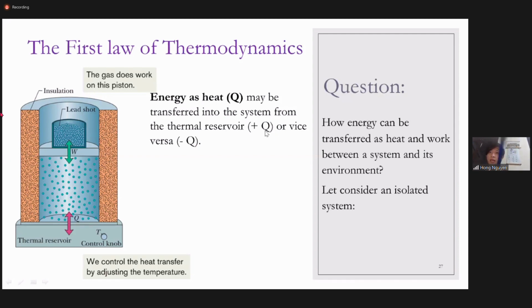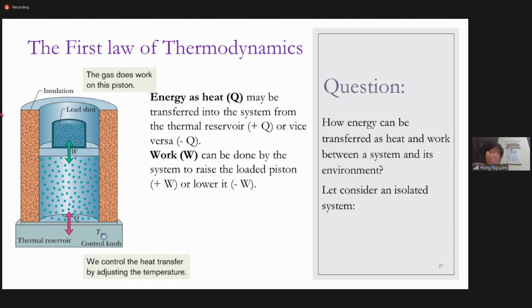And that's why I put plus Q here. If the system loses heat, then the heat will have a negative sign. Please do not make any mistake.